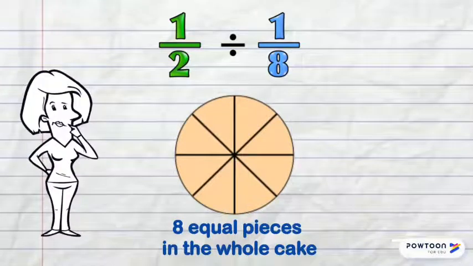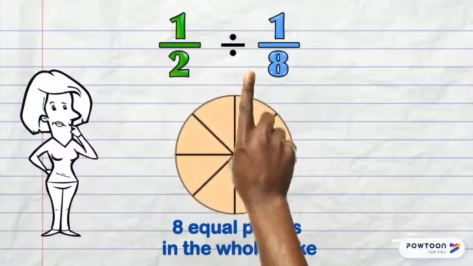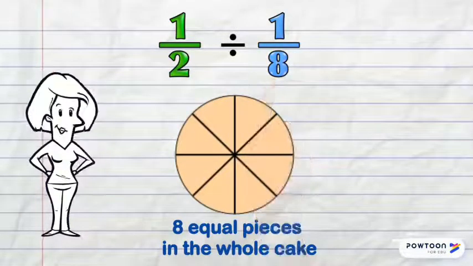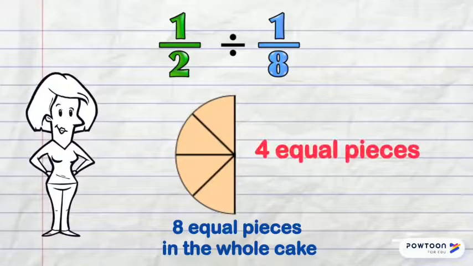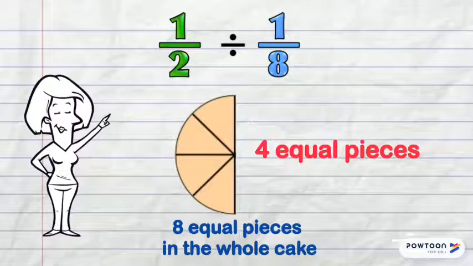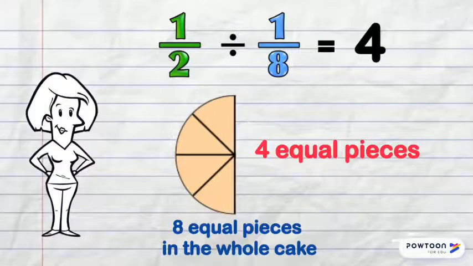But in this problem it says I only have 1/2 divided by 1/8. So I just want half of that cake in my diagram. You can see that in 1/2 we get 4 equal pieces of that 1/8 size. This means that 1/2 divided by 1/8 is 4.